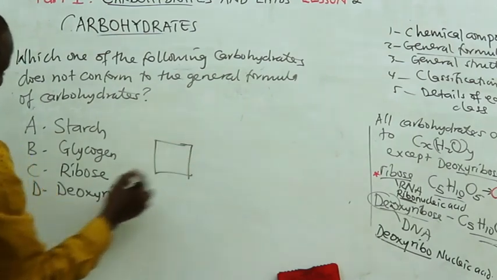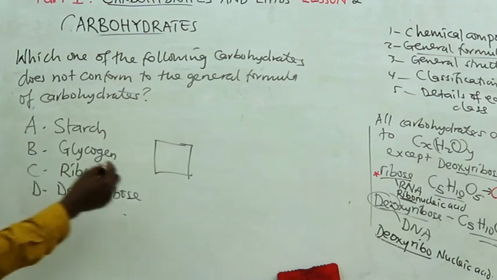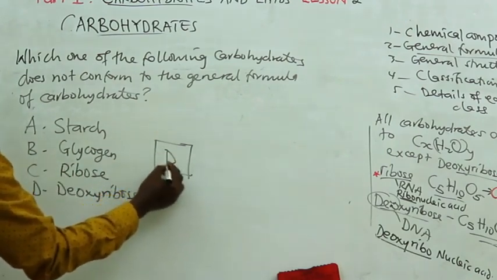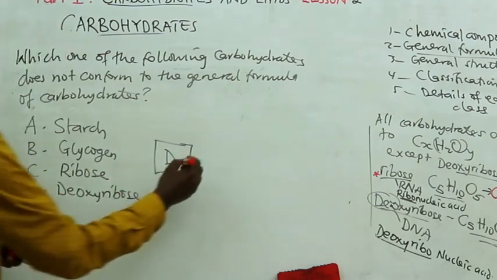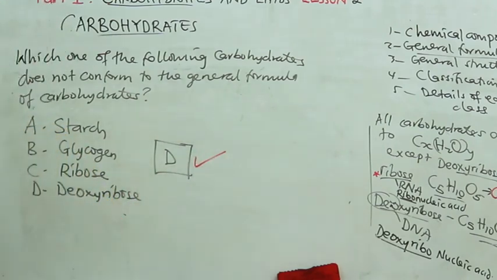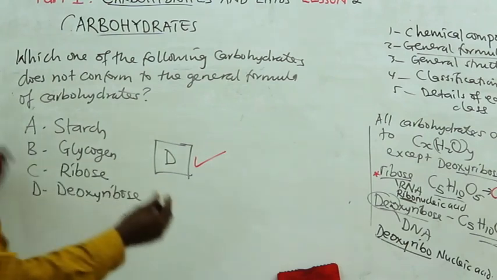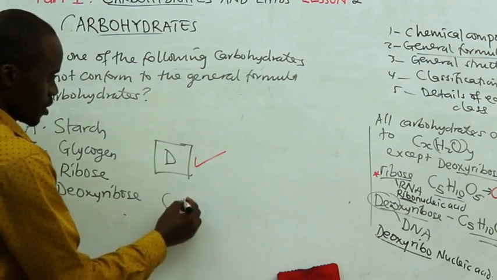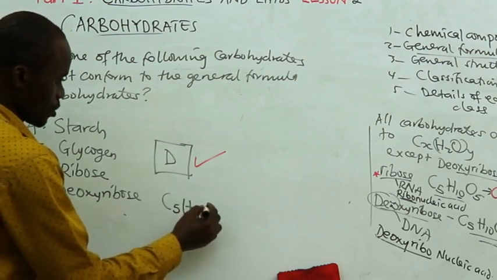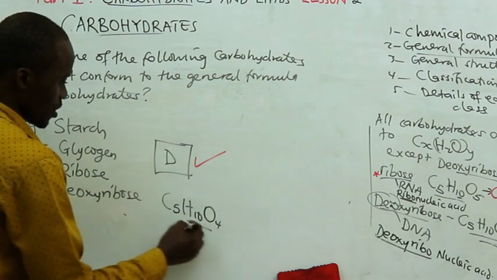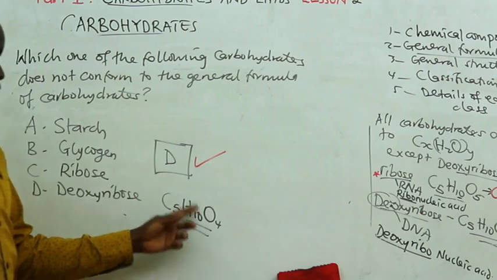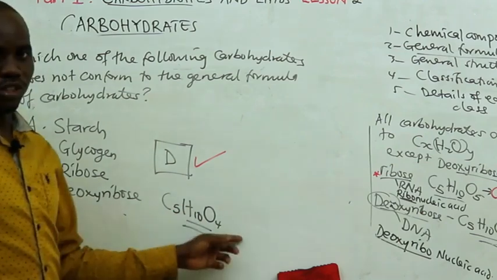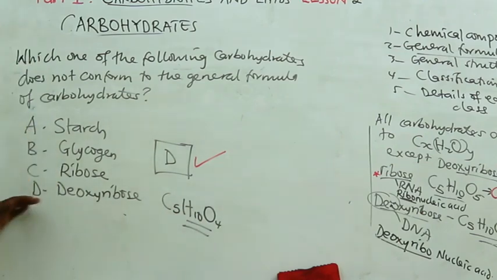So the answer for this is supposed to be C. So when you put C, that's when you can get the answer correct, because it is only deoxyribose whose molecular formula does not conform to the general formula of carbohydrates, since its number of hydrogen atoms is not twice the number of oxygen atoms.